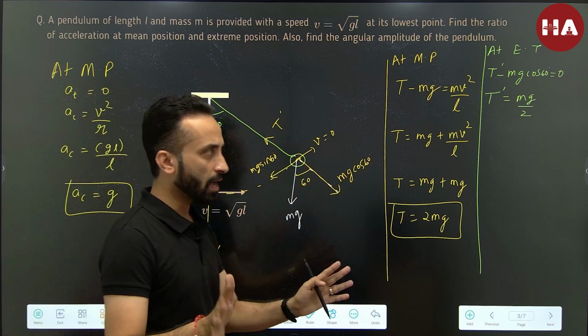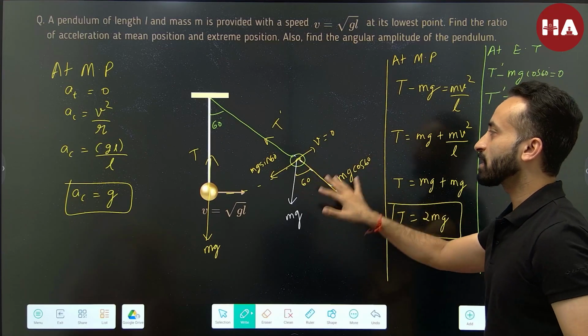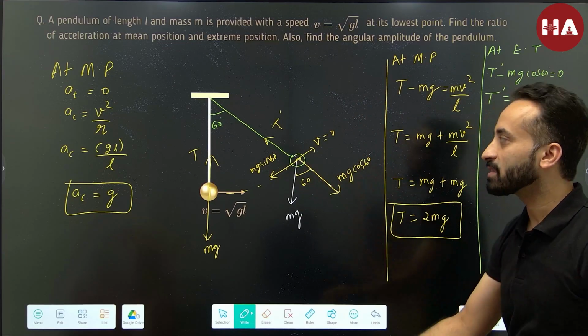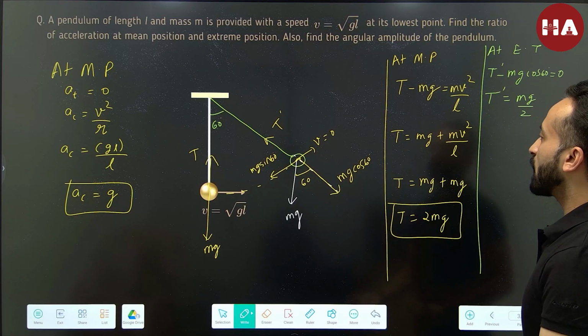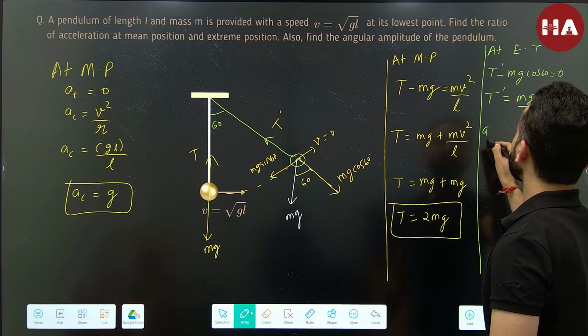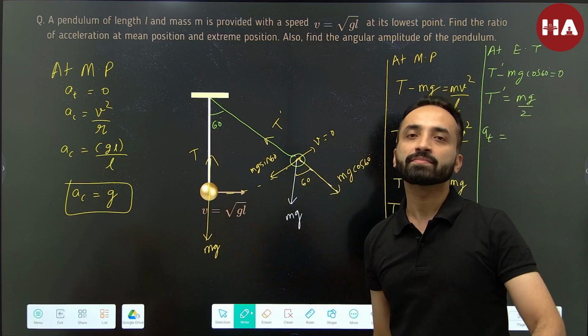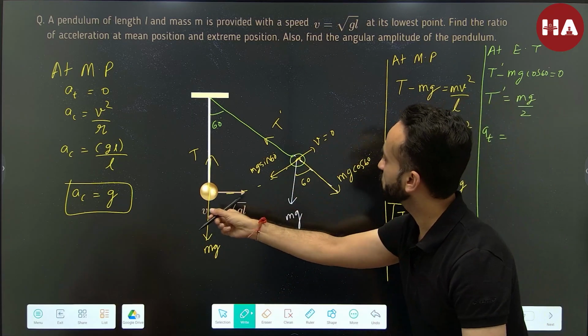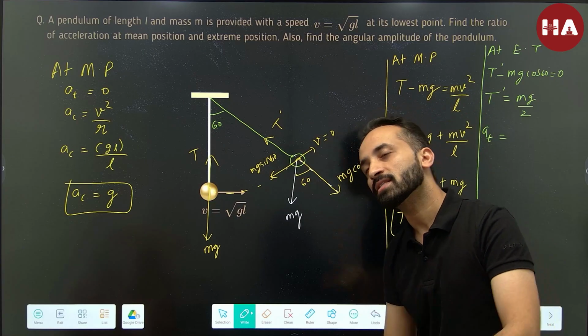So I hope you are able to understand the basics. What is happening here? We are talking about a numerical which you have done in the past to understand how vertical circular motion works. Now, what is the acceleration at this position? So acceleration is only going to be tangential. Why? Centripetal acceleration is 0 because velocity is 0.